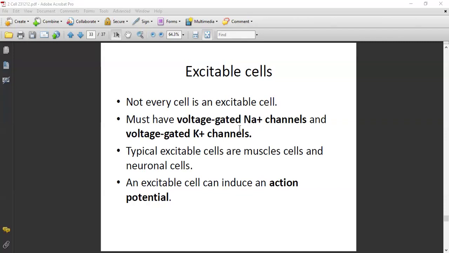When they produce these proteins anchored on the membrane, they will do one very unique thing, called an action potential. Not every cell has it, only muscle and neuronal cells, because they synthesize these proteins. So let's look at these proteins and see how they form an action potential. So what is an action potential?